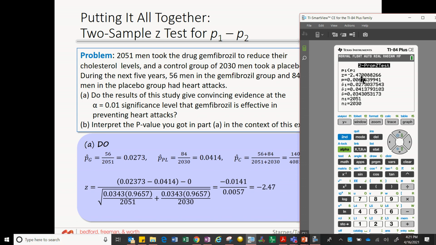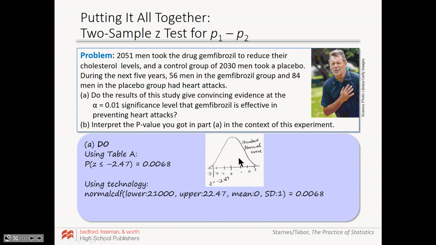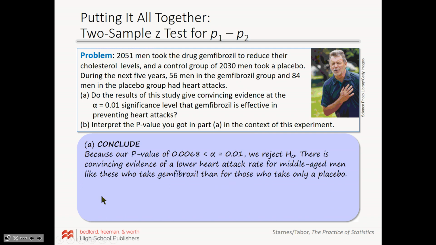That's my test statistic. This also, like we said before, spits out your p-value, and your p-hat 1, which you can check to make sure you got the same, p-hat 2, and then plain old p-hat on here, remember that's your p-hat combined. All right, so what else do we write on our paper? Here's the picture that we would draw to get our p-value. And then let's draw our conclusion.